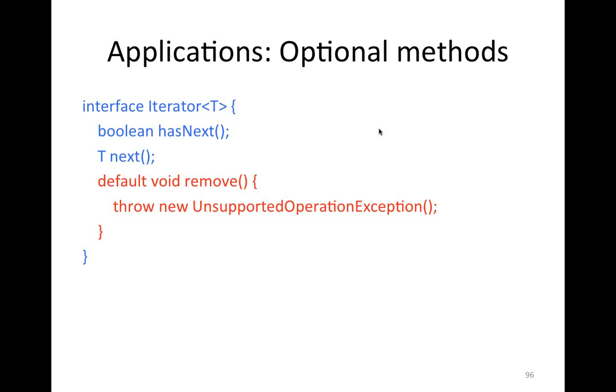Unfortunately, to make the contract of the interface happy, we have to provide an implementation. So often it's a remove method with an empty block. Using default methods, we can now provide a default implementation. In the case of Java 8, this throws an UnsupportedOperationException. So now, when you implement an iterator, you don't have to provide an implementation for remove anymore. It's automatically inherited.